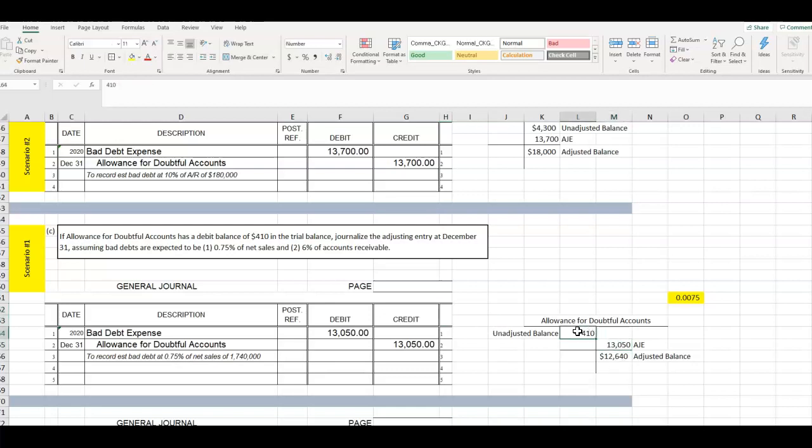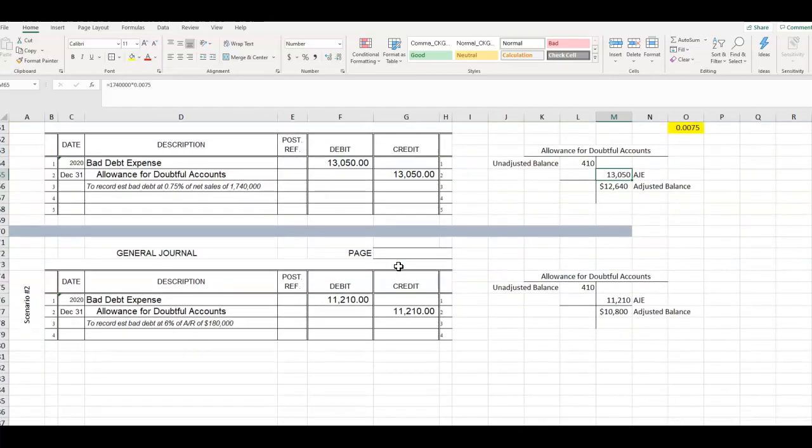You notice I didn't care about this 410 up here. I don't care if it's a debit or a credit. I'm just going to calculate the adjustment amount, and that's what I'm going to put in there. However, if we're going to use 6% of accounts receivable, then I have to come up with an ending balance. 6% of $180,000 is $10,800.